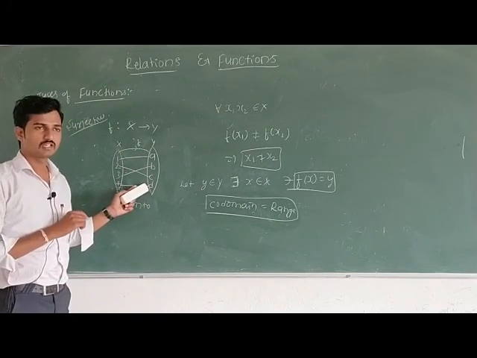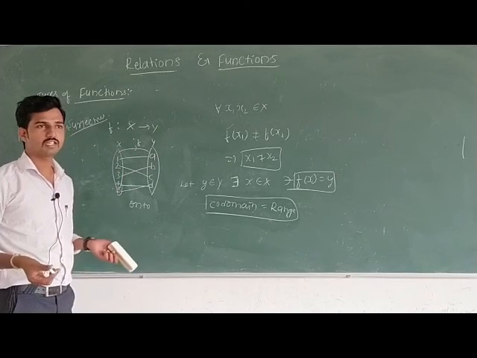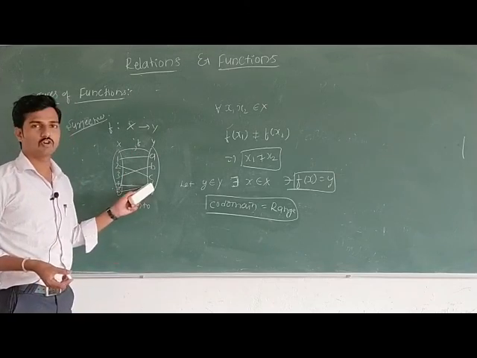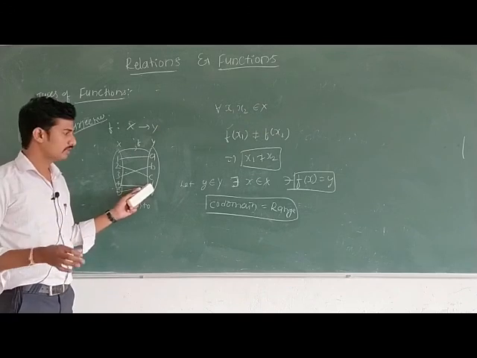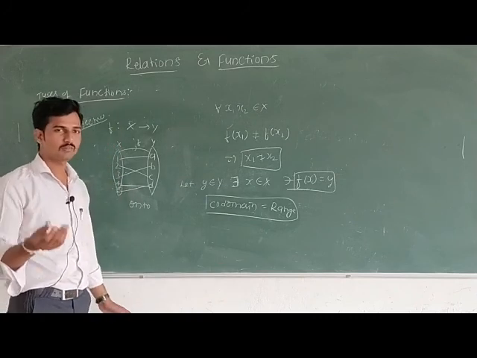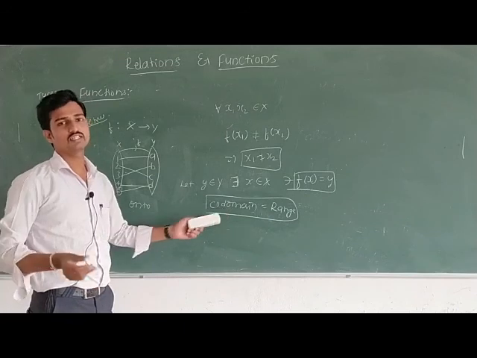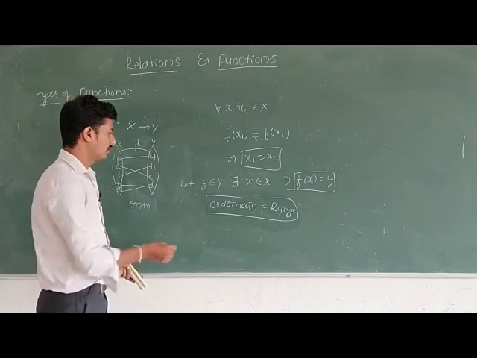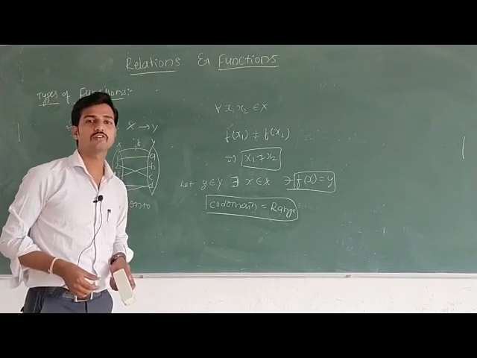So all elements in the codomain must be images. If they are images, there is no free element in the codomain. So if there is no free element in the codomain, automatically the codomain is equal to the range. So if codomain is equal to range, then that function is called an onto function.